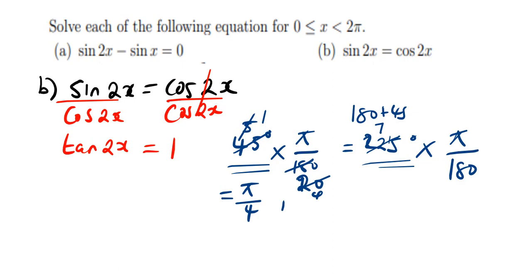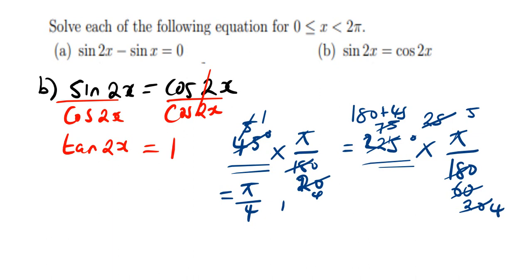Then 3 again gives 25 over 20. Now we can do 5. 5 goes into 25 five times, and 5 goes into 20 four times.